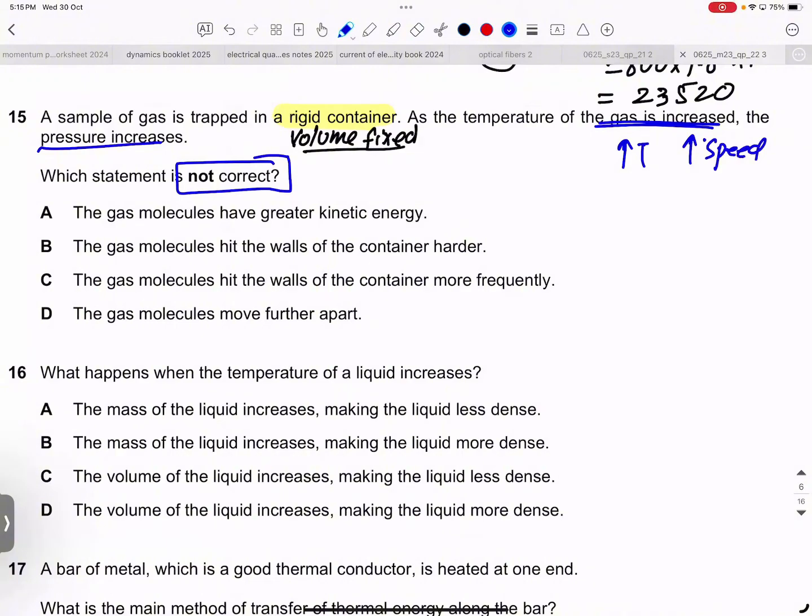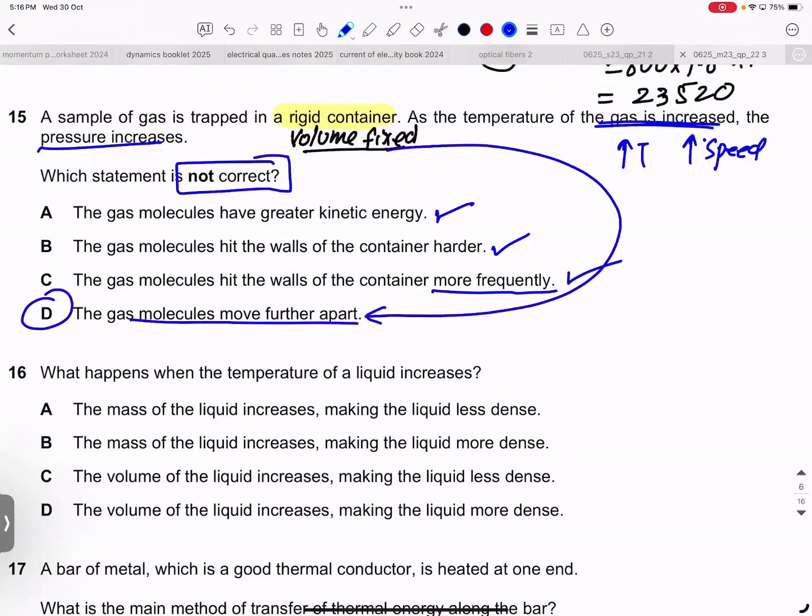So gas molecules have greater kinetic energy. Yes, it is correct. Gas molecules hit the walls of the container harder. Also correct, because of the more force. The gas molecules hit the walls of the container more often. Also correct. Gas molecules move further apart? No. Why? Because the volume is fixed. If the volume is fixed, they cannot go further apart.